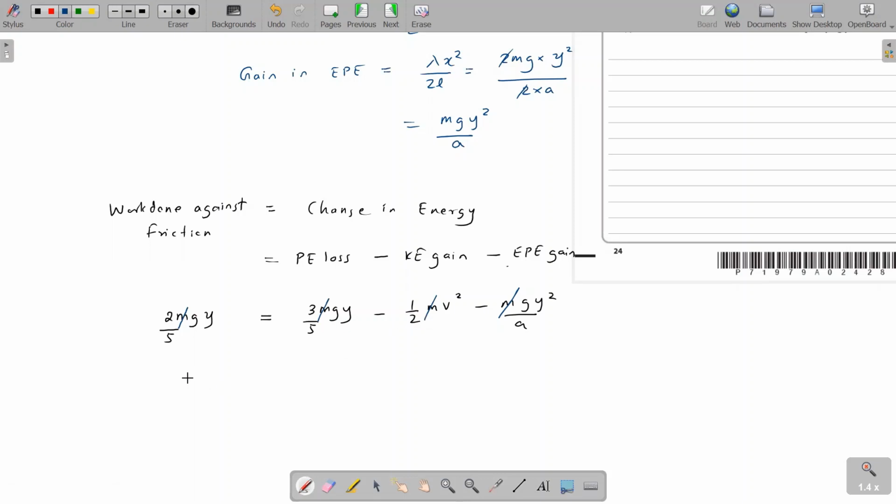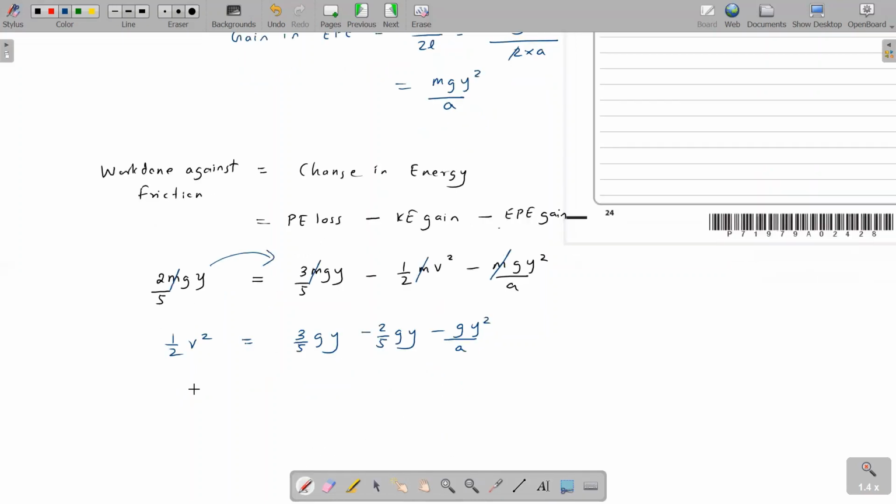So if I bring the minus half v square over as a plus half v square and take the 2mgy to the other side, I have 3 over 5 gy, subtracting 2 over 5 gy, minus gy square over a. Are you with me?